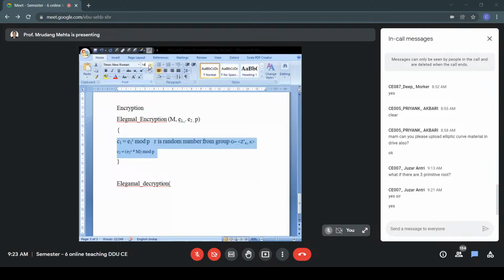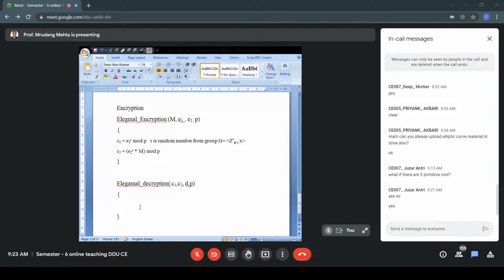We are also going to use D and P. Once C1 and C2 are received by Bob, D Bob already has, so that is the private key. So Bob will be able to perform decryption. With the help of these four values, Bob will perform decryption.